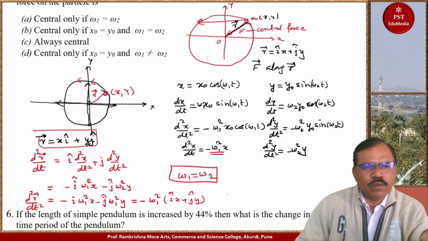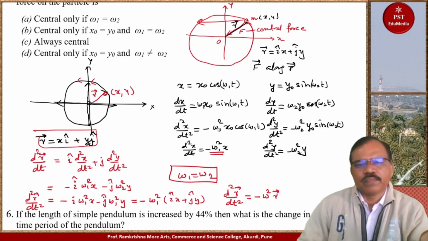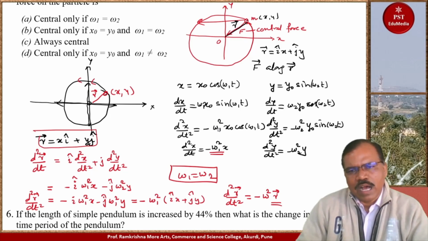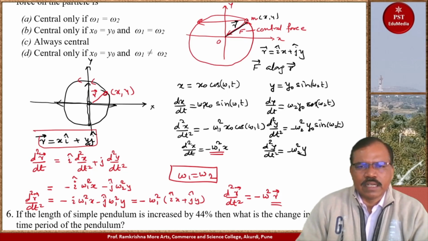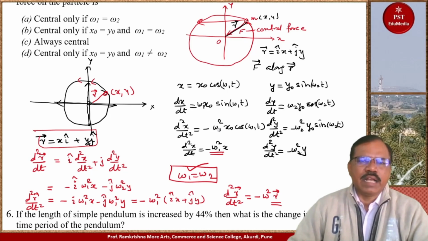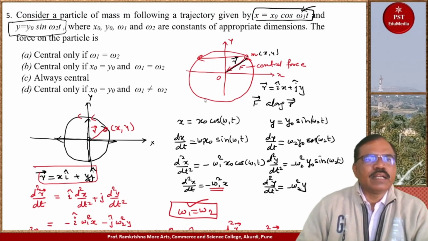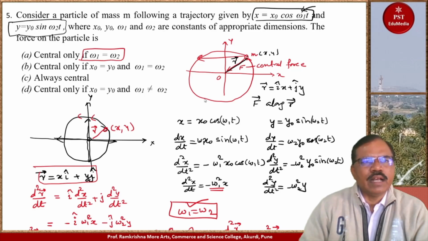So then we will get d2r by dt square equal to minus omega square vector r. So this is along r. So this force is central only when omega 1 is equal to omega 2.